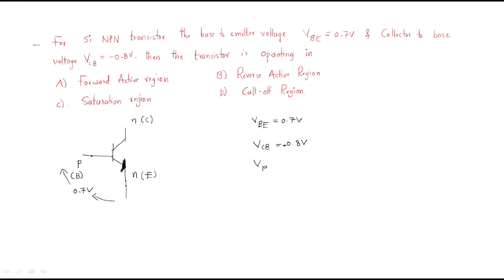From this I can write VBC equals 0.8 volts. That means between B and C is 0.8 volts. This is the plus and this is the minus.